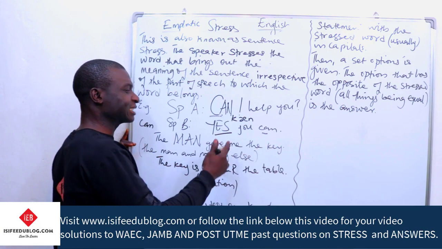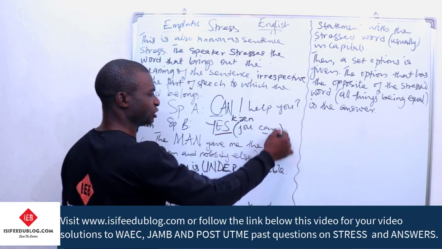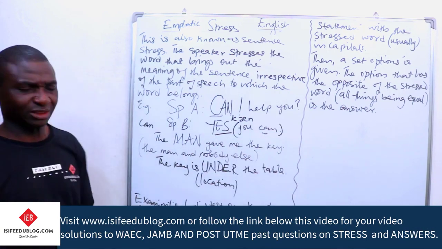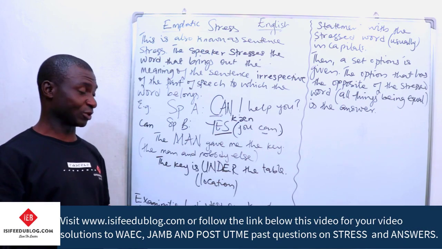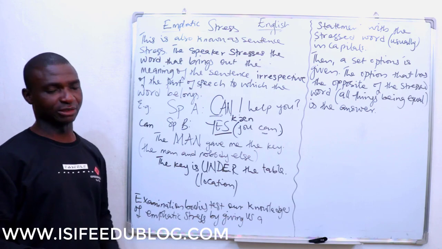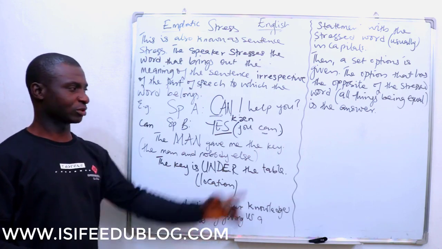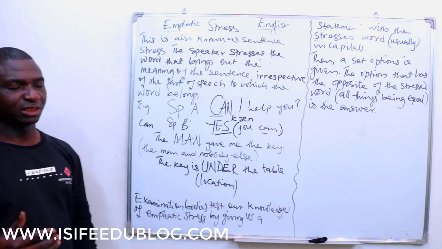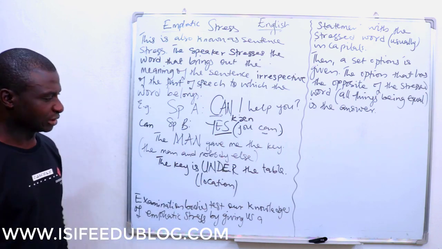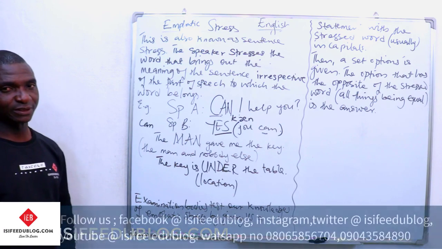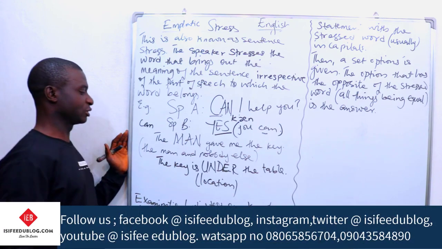Then, the answer to this question is yes. You may choose to remove you can. It still doesn't make any difference. Yes, and that is why we have stressed yes. So yes, we can. So can here cannot be stressed because the stress is already on yes. These are things you should know.